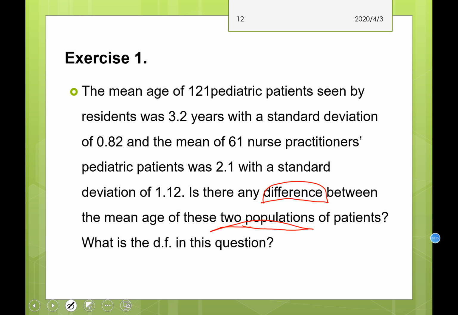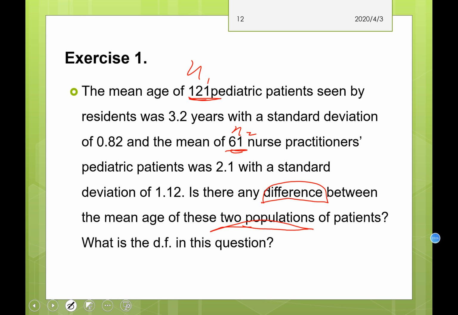Let's go back to the first sentence. Okay, so this is the first sample size, 125. And next one, here is another one. The mean of 61. So this is sample 1, this is sample 2. We have 2 sample sizes. So is there any relationship between these 2 samples?